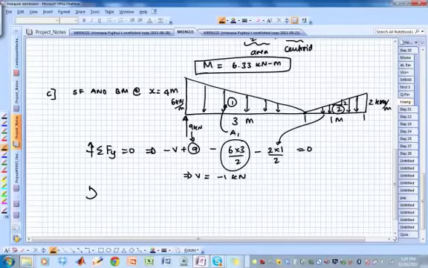If I take moments around the origin, M0 equal to 0 will give me 6 times 3 over 2 times 1.5. That's the centroid of this. This one is x centroid, first one.